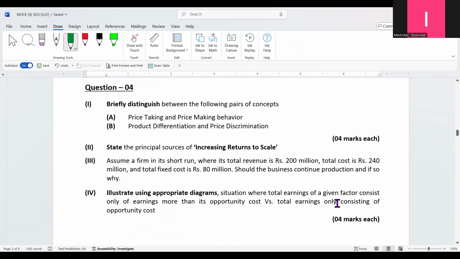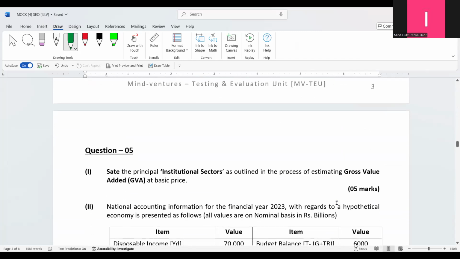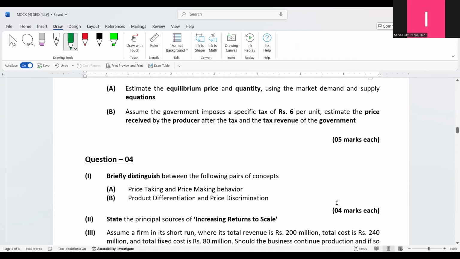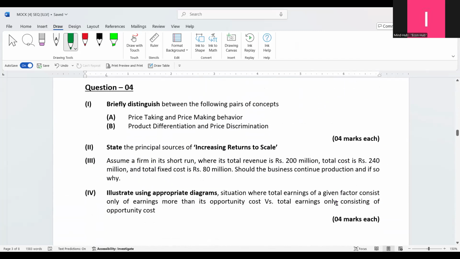Then question 4 focuses on some important, more than important, if the professors really want to test your knowledge of certain concepts, these are questions they can really ask.